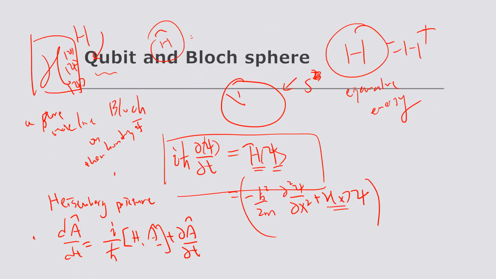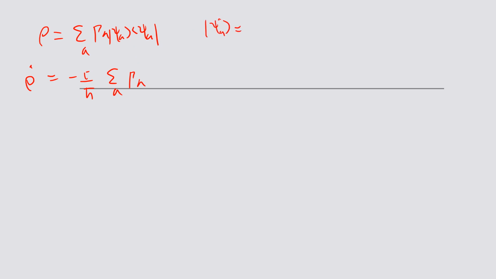And the final thing I want to say is the dynamics of the density matrix. Probably this is the final one. I think it's important. Okay, so if one rolls out the sum of p_A |phi_A><phi_A|, then one can check the time derivative. So you get the derivative of phi_A and phi_A dot, right?